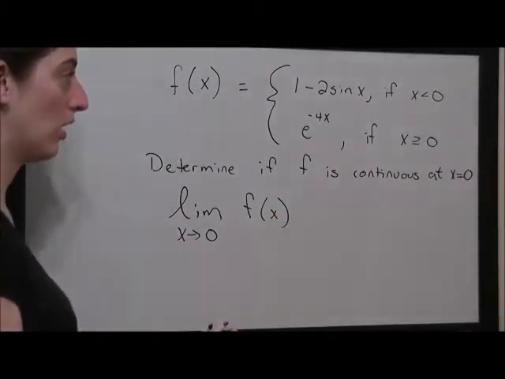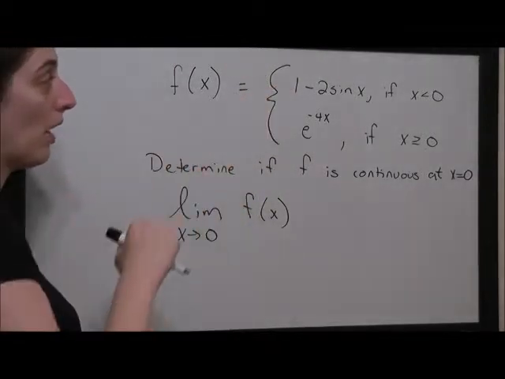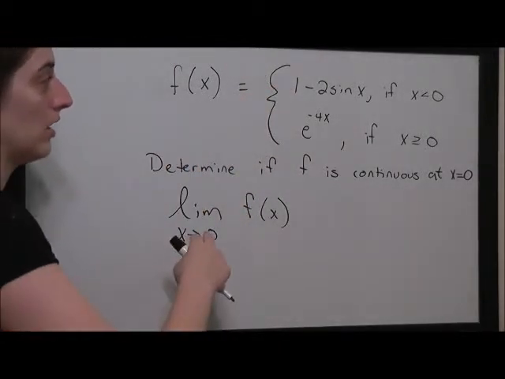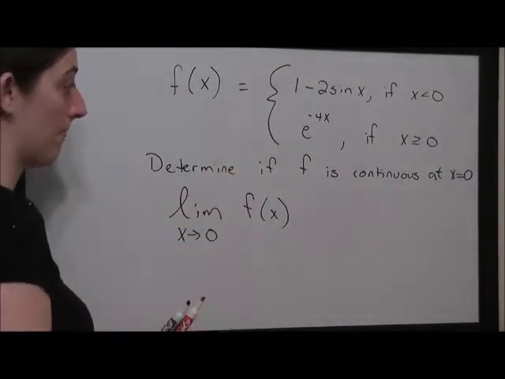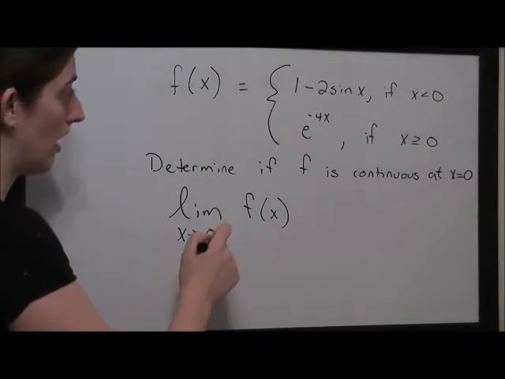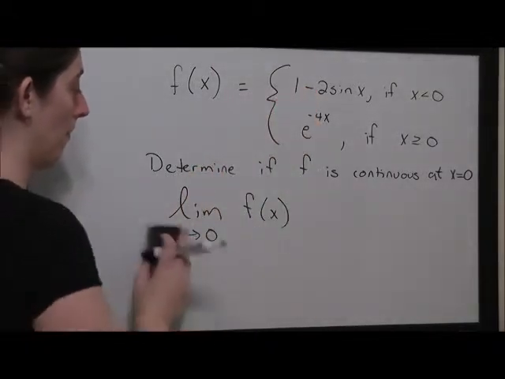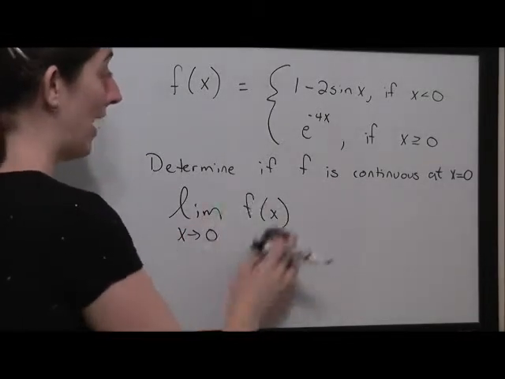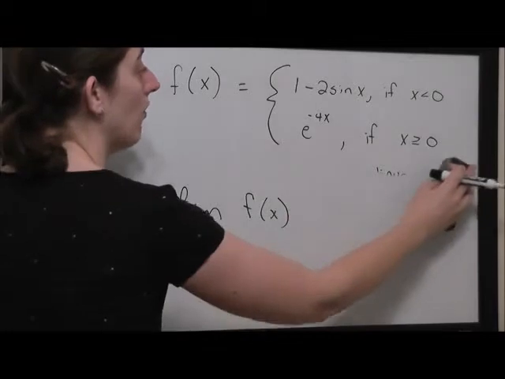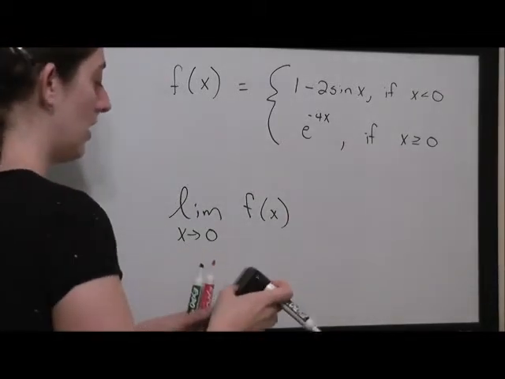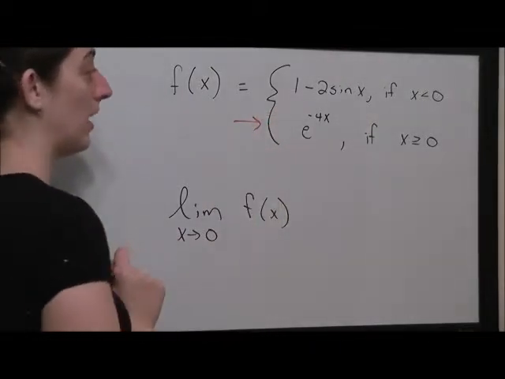This one's a little bit tricky because the two sides are different. So what we're actually going to do is see, do these two sides meet up? We'll answer this in a second, but before we do that, we're going to go over here and see, when I put 0 in here, what do we get?